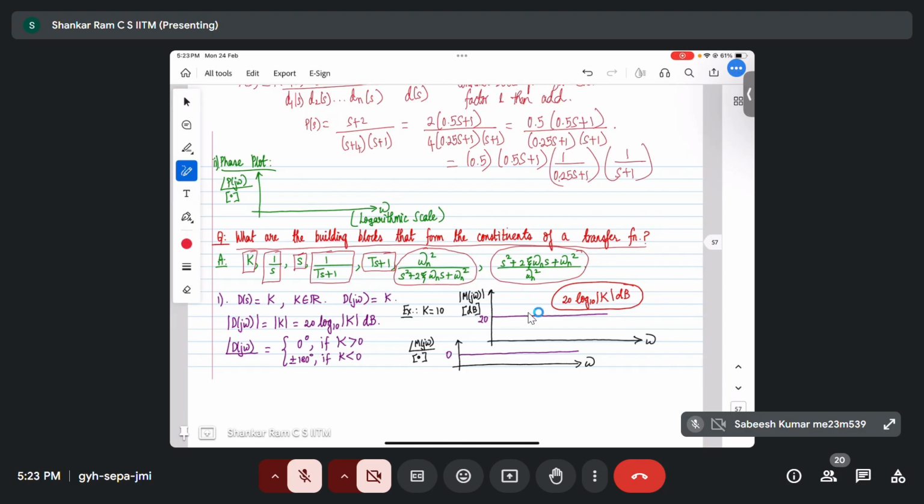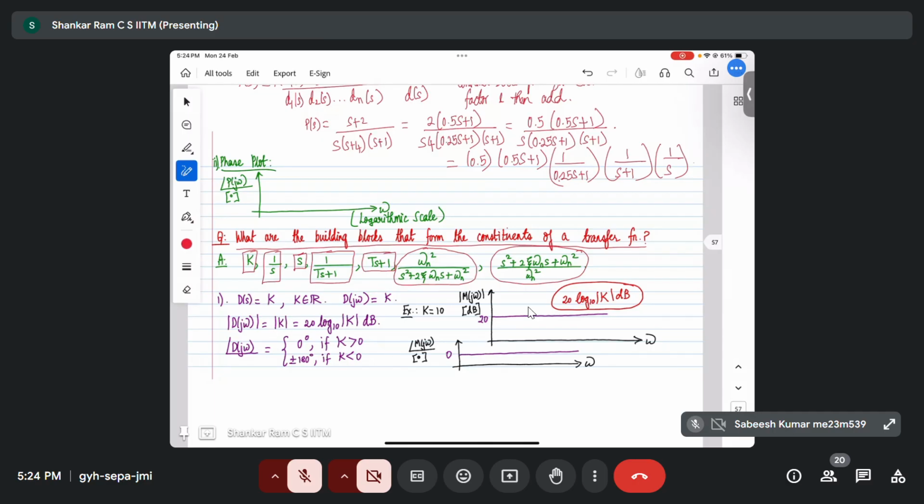These are the 4 terms, building blocks, which come in this platform. I just took a simple example to show that this can be done. On the other hand, let's say there is an s term here. Then we'll have an s term here, and then we'll have a 1 by s coming in. So you can see how we are able to break down any transfer function as a product of these building blocks. That is an important observation for us.